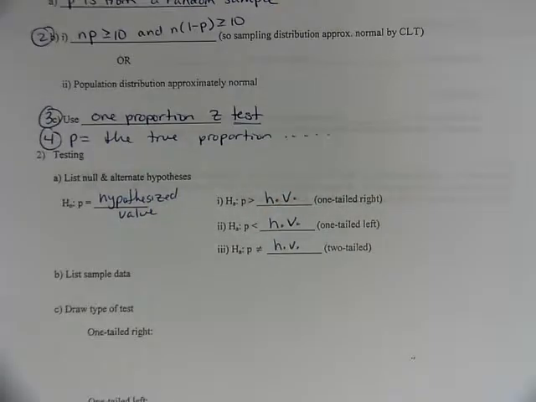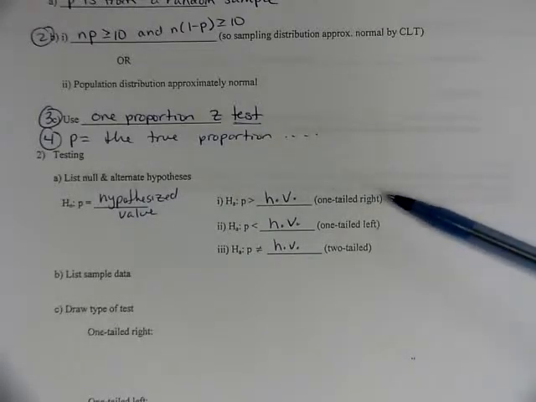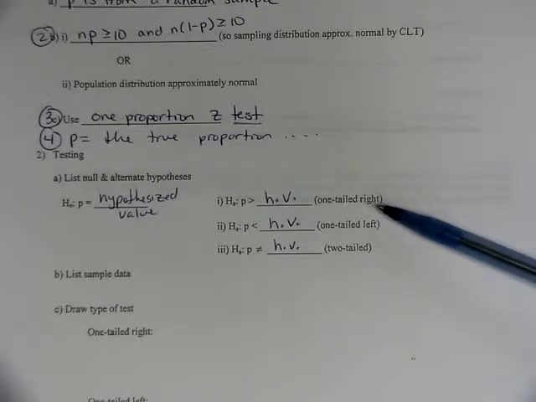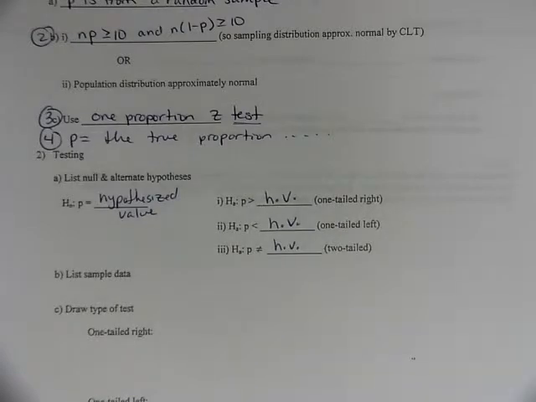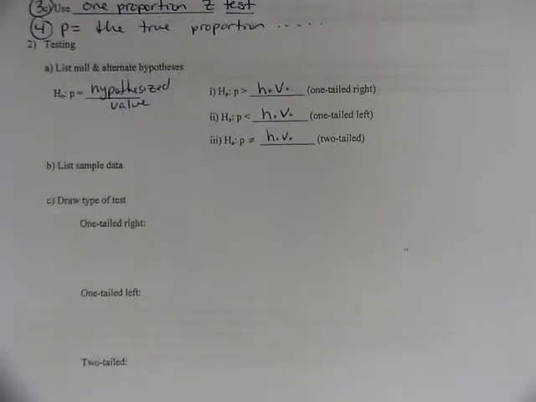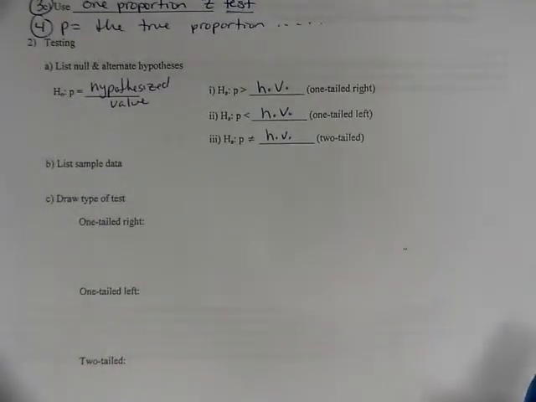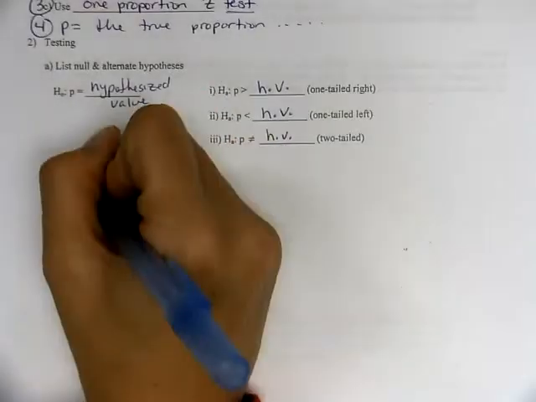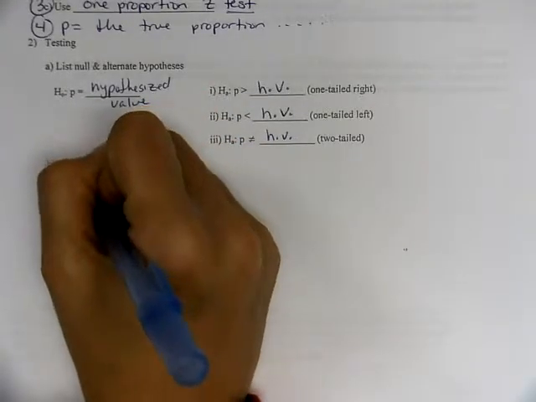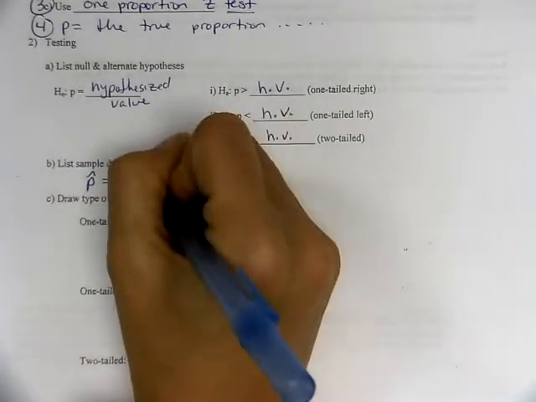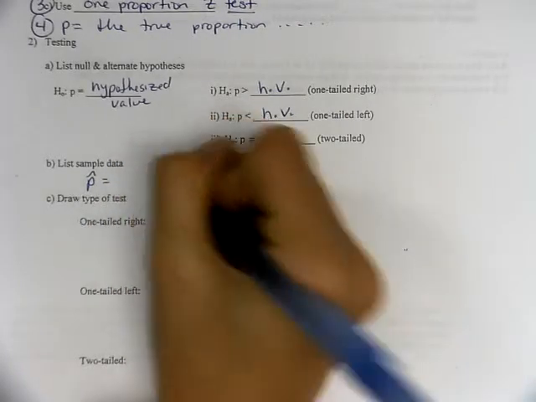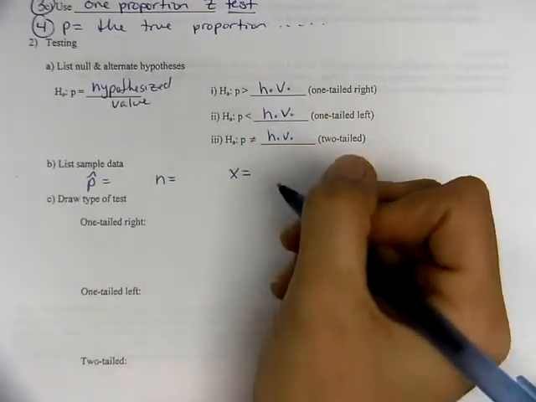Now you also need to write out what kind of test it is. So if it's a greater than, we call that a one-tailed right. You want to list your sample data. Just like we did with the confidence interval, you got to list your sample data. So for proportions, you got to give me p hat equals x over n.